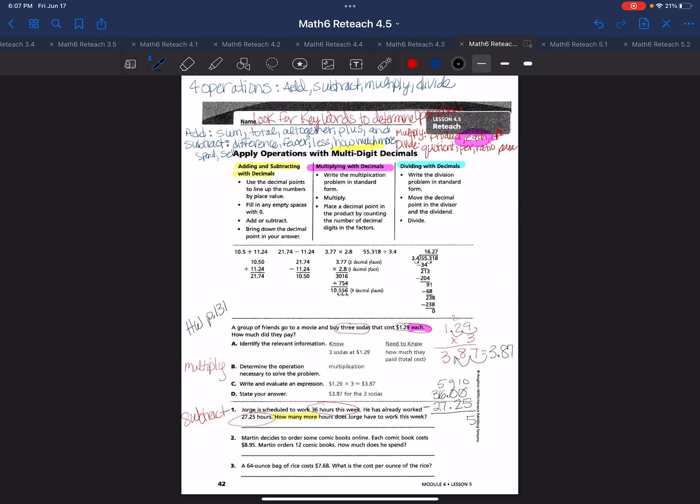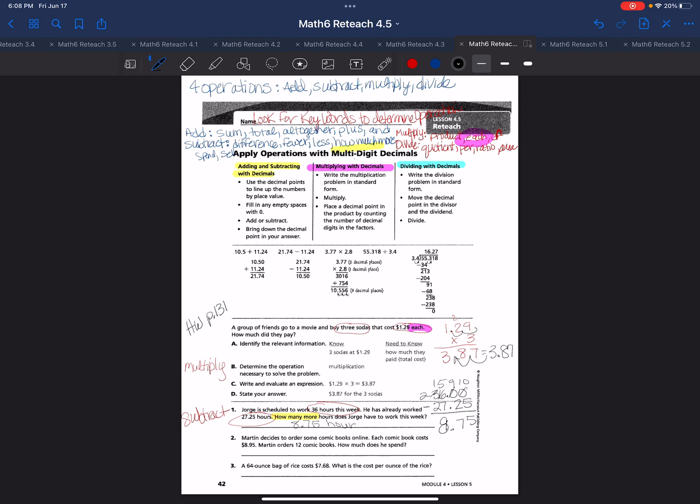So we get 5, 7, and 8, sorry. So how many more hours does Jorge have to work this week? He has to work 8.75, which is 75/100ths or 8 3/4 of an hour. He has to work more to get to that 36 total.